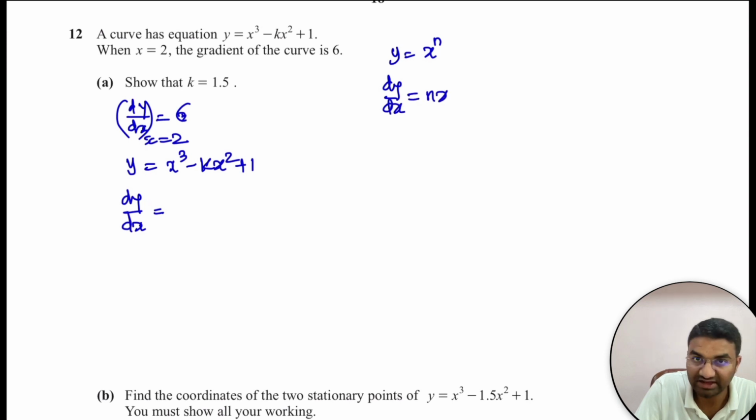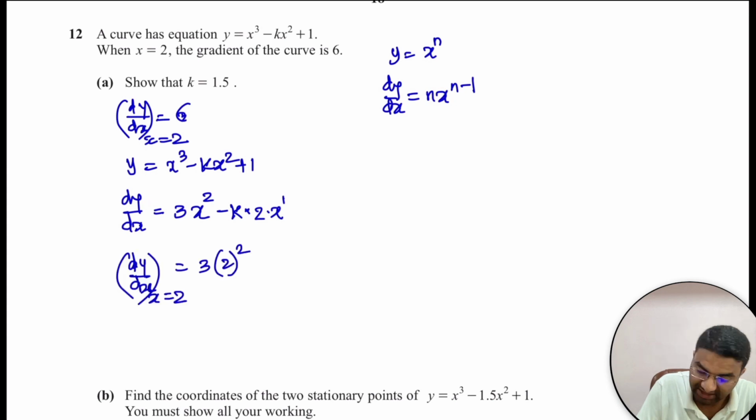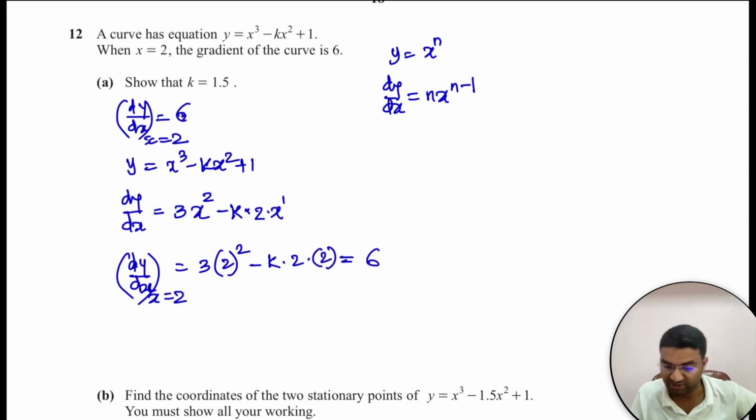So we get 3 x to the power 3 minus 1, which is 2, minus k times 2 times x to the power 2 minus 1, which is 1. We equate this at x is equal to 2: 3 times 2 bracket square minus k times 2 times 2 is equal to 6, and we simplify.